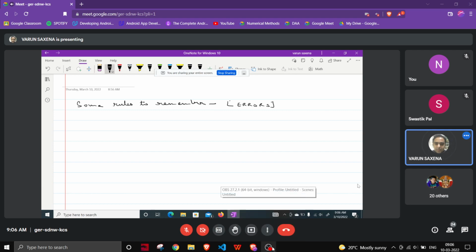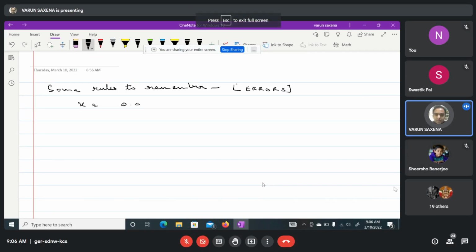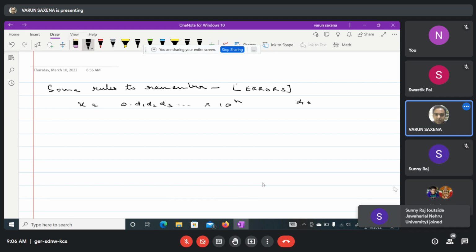Suppose you have any number x, and that can be written as 0.d1 d2 d3 and so on, times 10 to the power n, where these are decimal digits. d1 has to be non-zero.